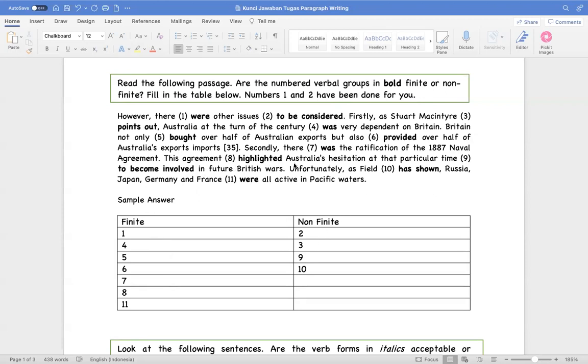While the last one we have, another appositive: unfortunately, as Field has shown, so has shown here belongs to non-finite and were belongs to the finite. So we have 4 finite verbs and the rest are non-finite.